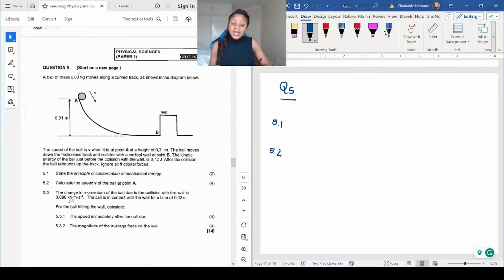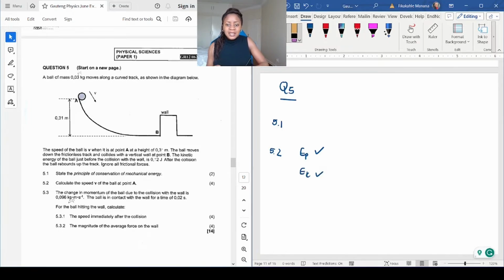Now it says calculate the speed v of the ball at point A. So what do we know at point A? We know that we have some potential energy, and because this thing is moving, there is some kinetic energy as well.